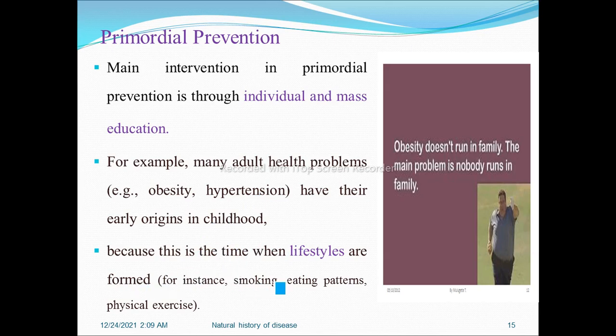For instance, some individuals smoke in childhood, so it may cause disease in adulthood. Due to eating patterns, obesity may happen, and later obesity may lead to hypertension or other diseases. Habits of physical exercise are also determined in childhood. So preventing risk factors or promoting a positive lifestyle is considered primordial prevention.